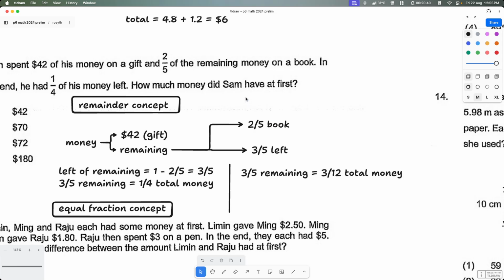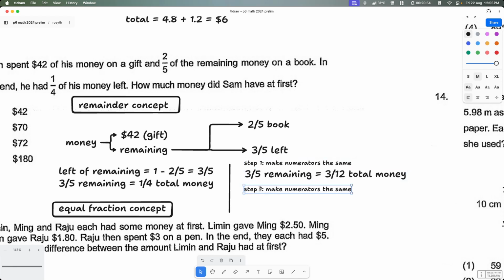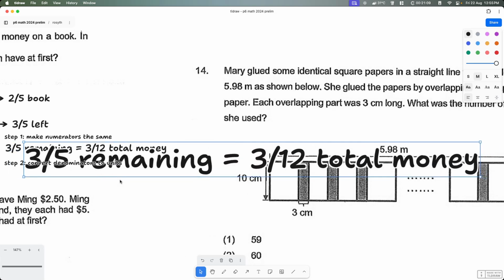So first step is to make the numerators the same. Okay, so that's step 1. Step 1 is make the numerators the same. Then step 2, convert denominators to total units.